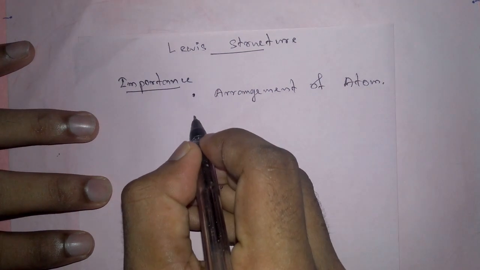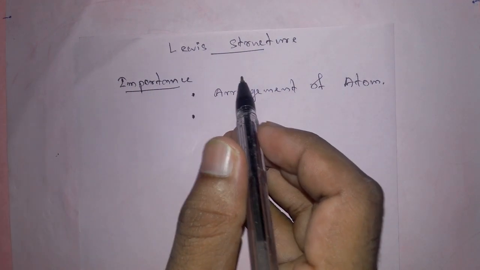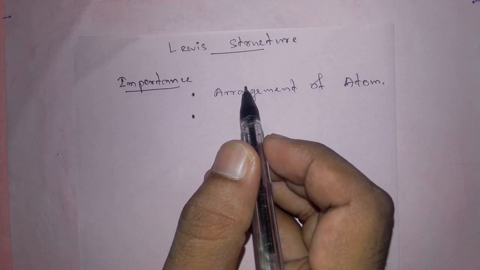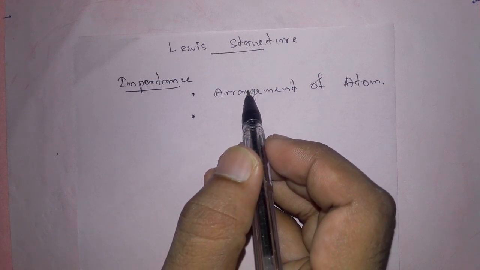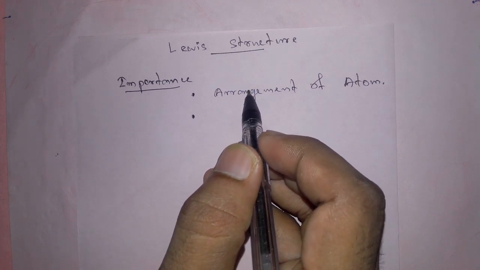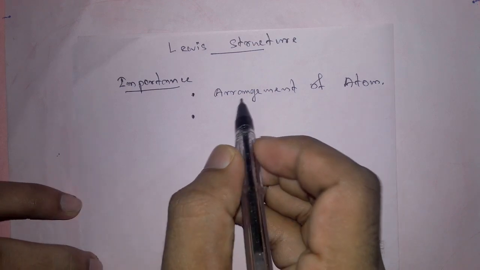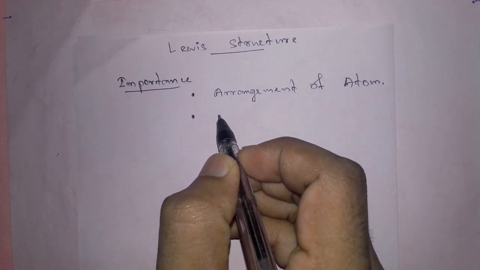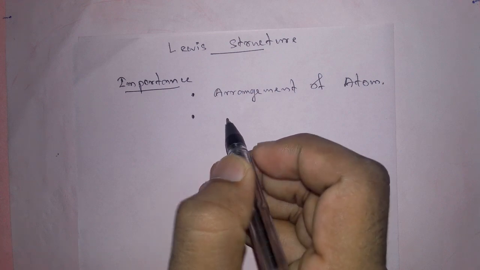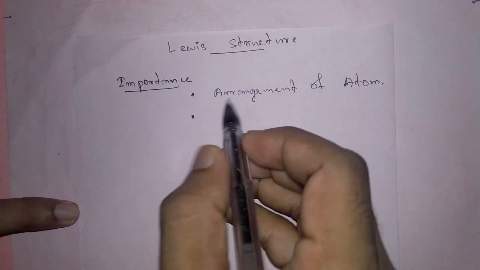And next one is by using this Lewis structure we can identify the bonding nature of atoms in a molecule, like single bonds, double bonds or triple bonds.